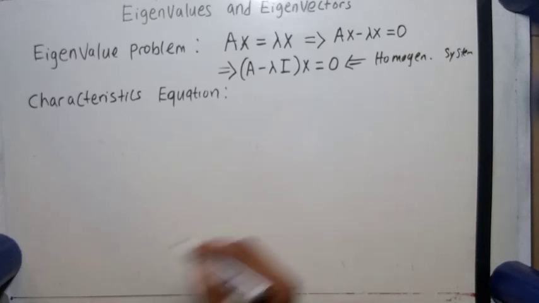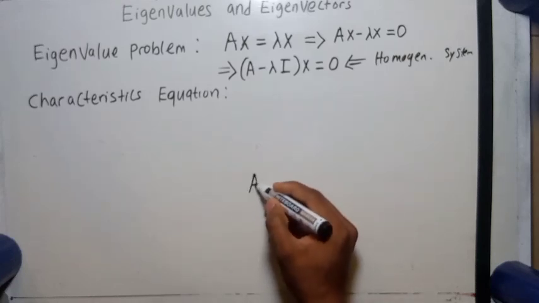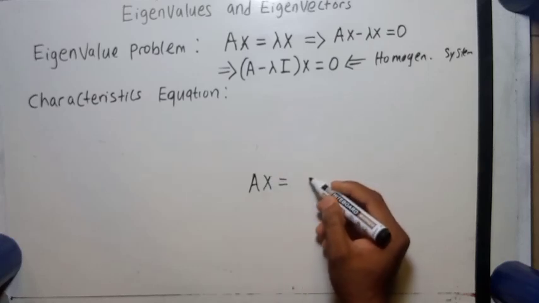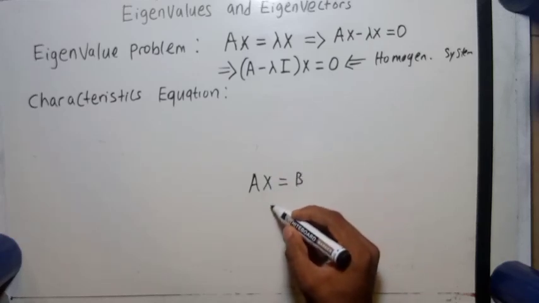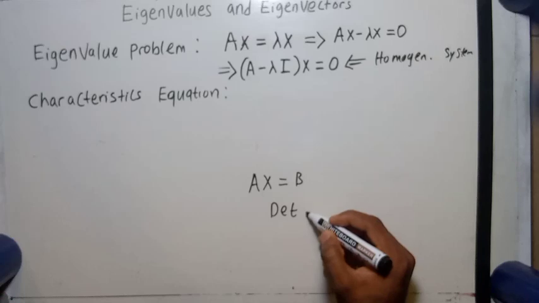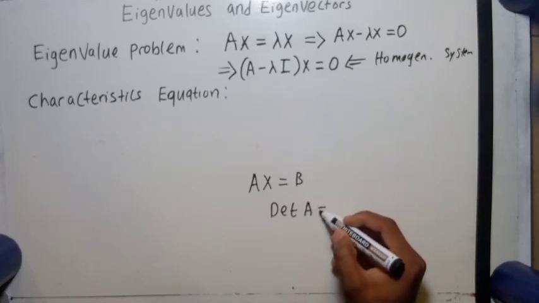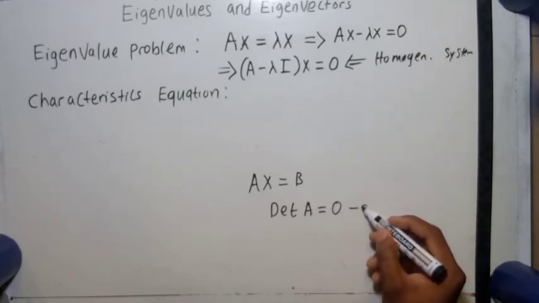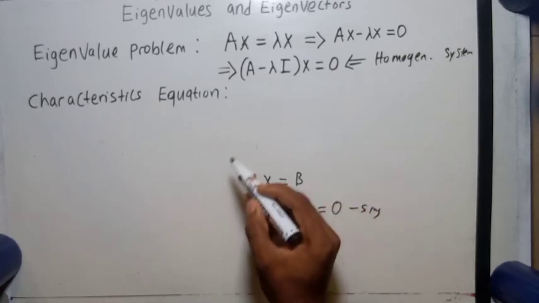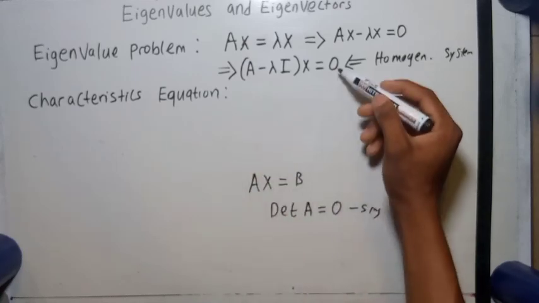So remember when we say that if you have a system where you have your Ax is equal to b, if the determinant of your A is equal to 0, we call it what? Singular. Now, in this case, our b is 0.